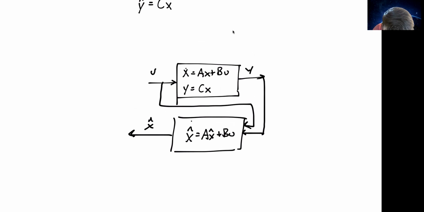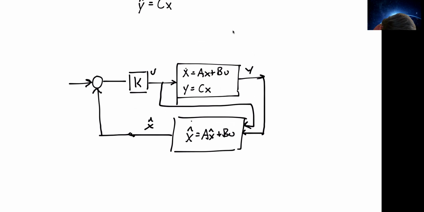Now we can design a controller, let's say K, to compare our reference with our state estimate, and then this will go into our system here.